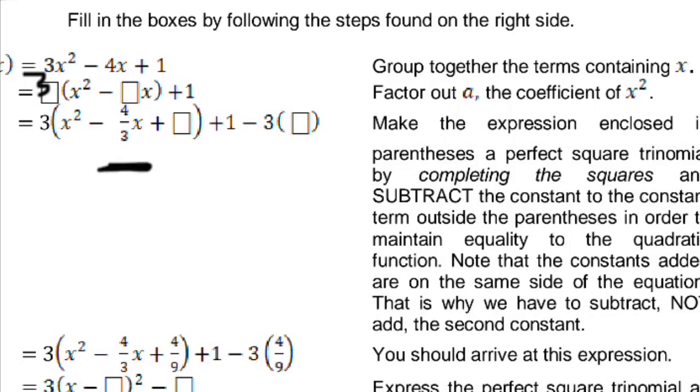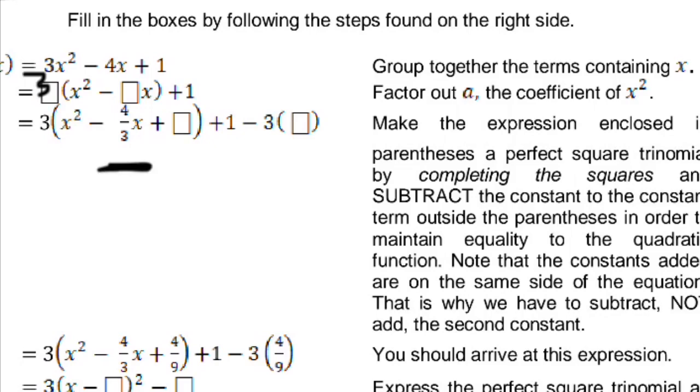So 1/2 of negative 4/3 is negative 4 over 6. Simplifying that, divisible by 2, it is negative 2 over 3.